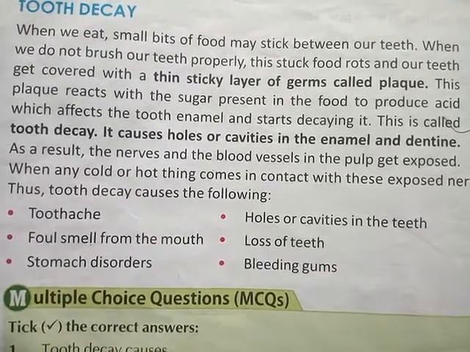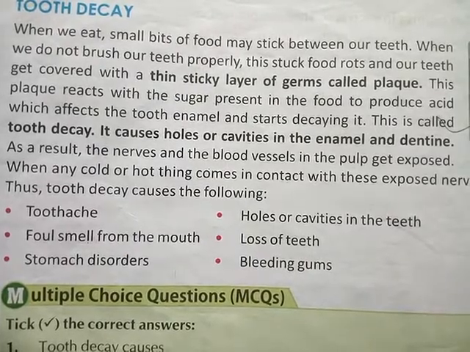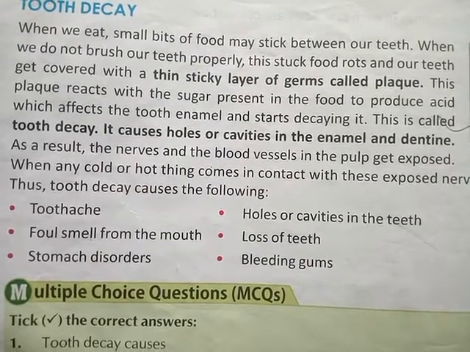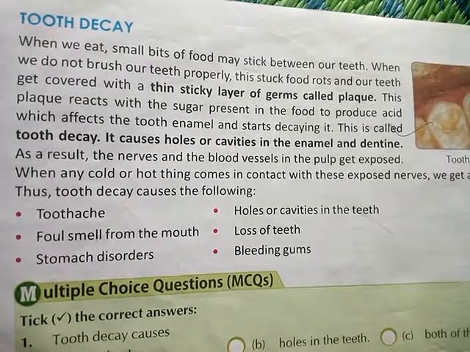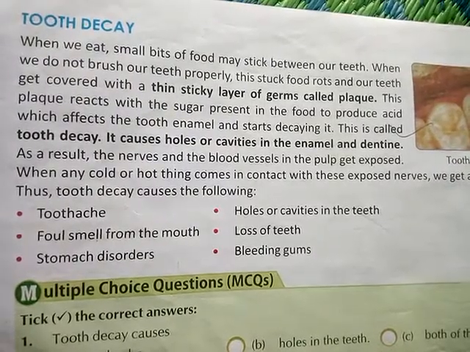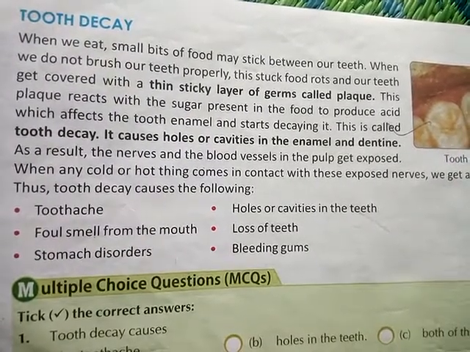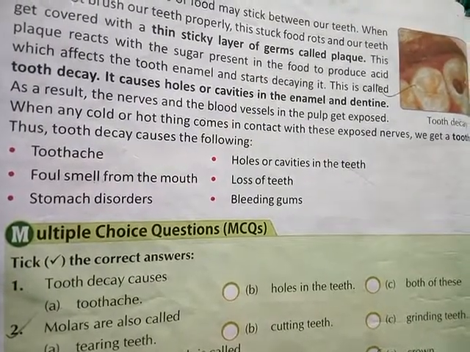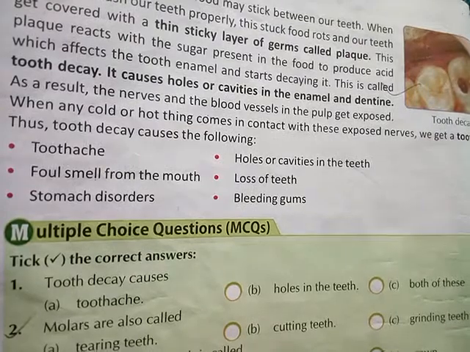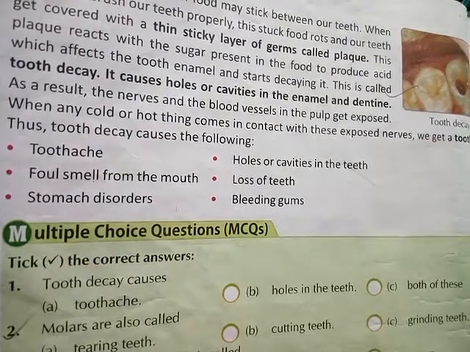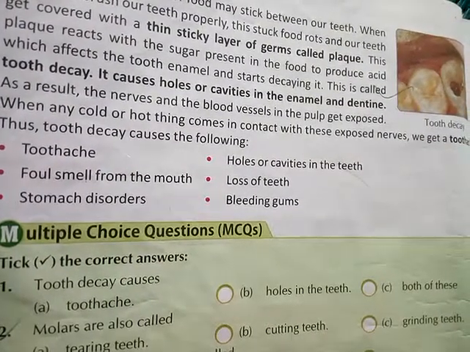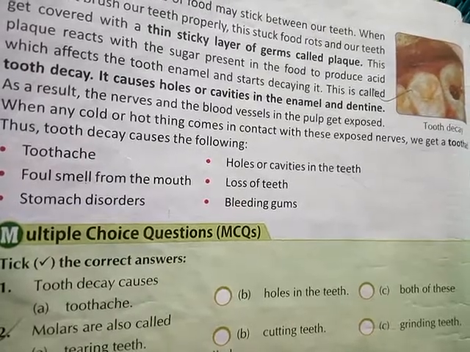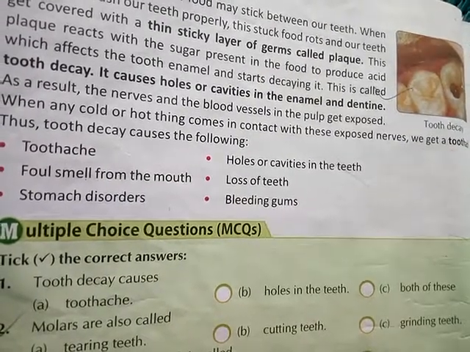It causes holes or cavities in the enamel or dentine. As a result, the nerves and the blood vessels in the pulp get exposed. Thus, when any cold or hot thing comes in contact with these exposed nerves, we get a toothache.